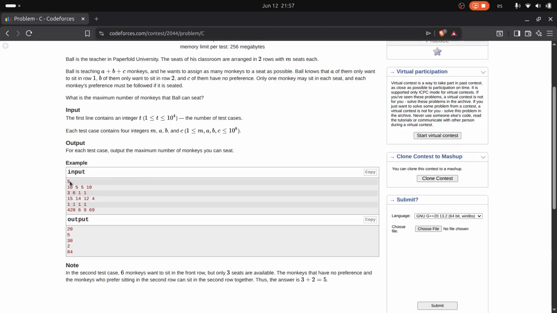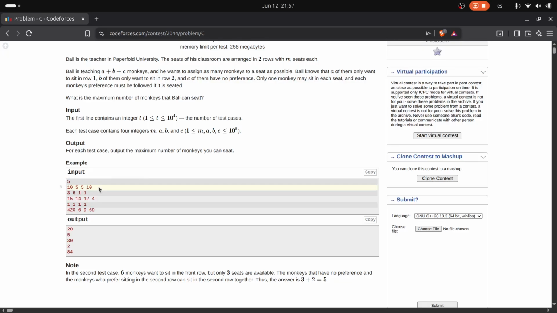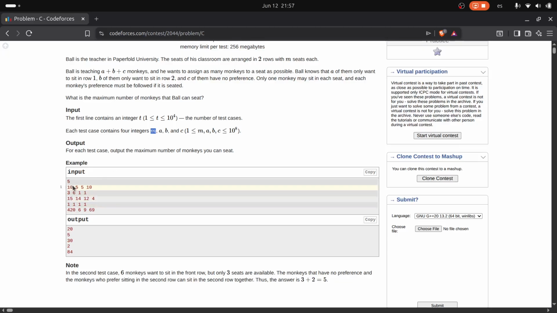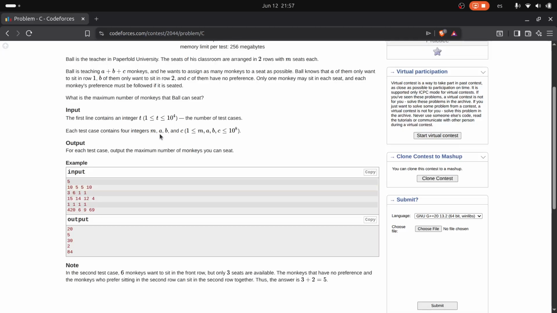So here we are given five test cases, and let's say on the first one, for example, you can see that we get how many seats we have on each row. In this case, we will have 10 seats on both rows. That would be a total of 20 seats available. And then we get the value of a.